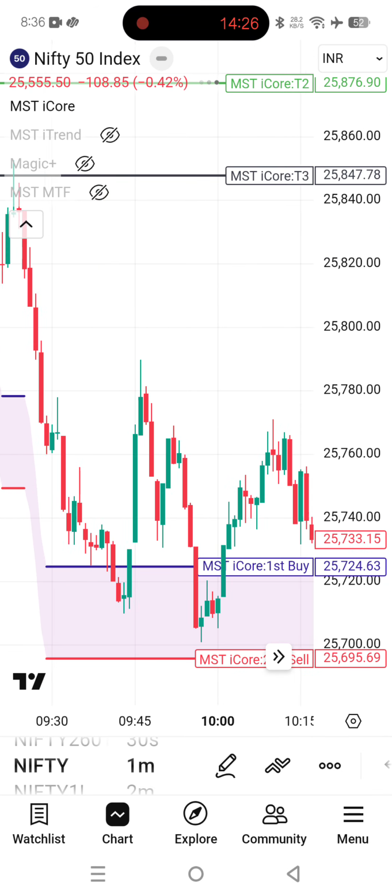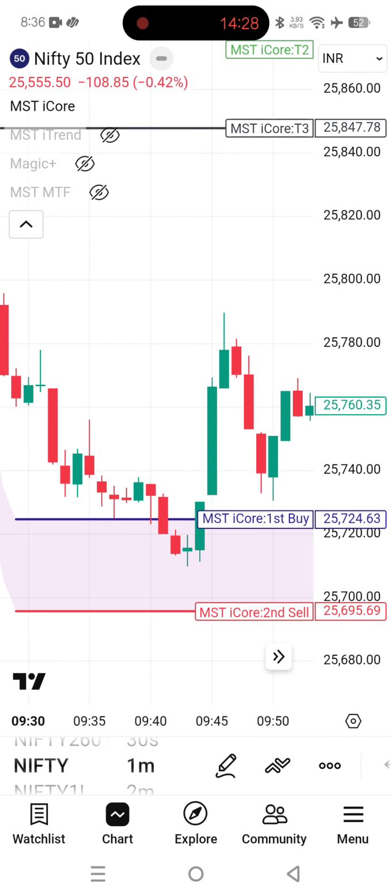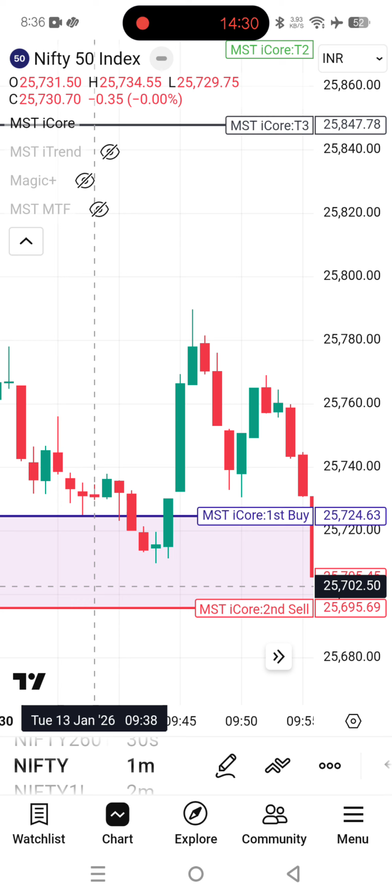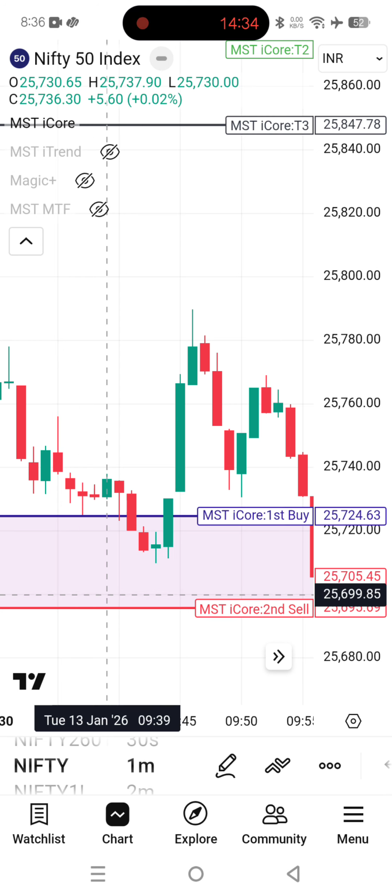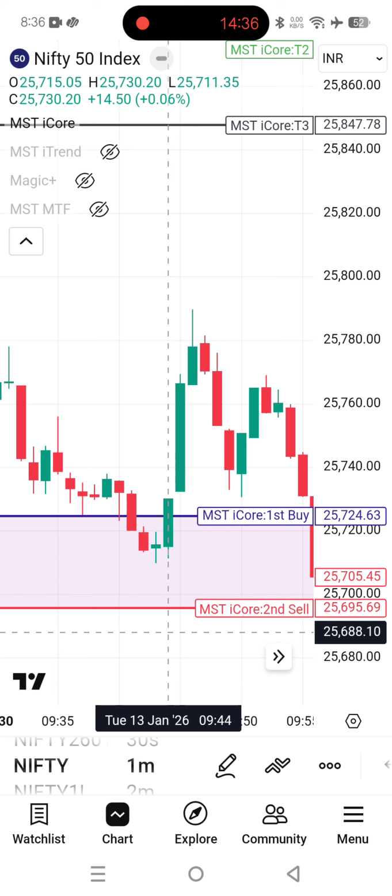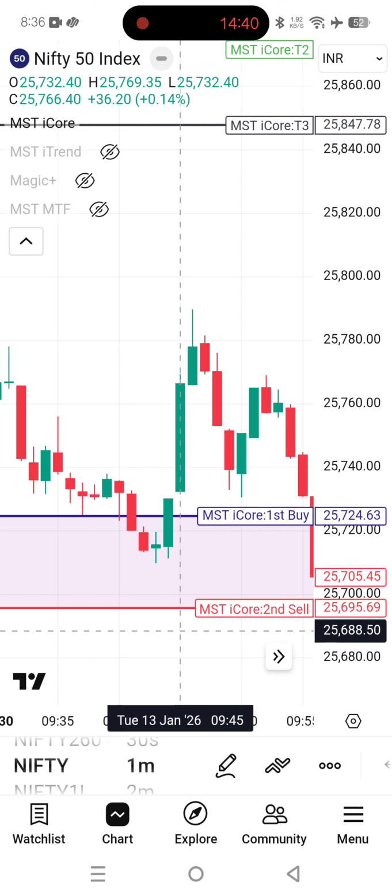So in this situation, where the buy got activated, this candle we cannot say is a red candle. This candle has closed above but the high is not broken, and this candle has closed above our buy entry and the high is broken.